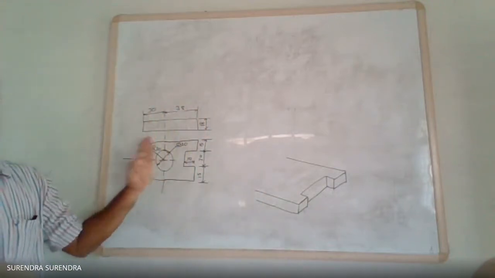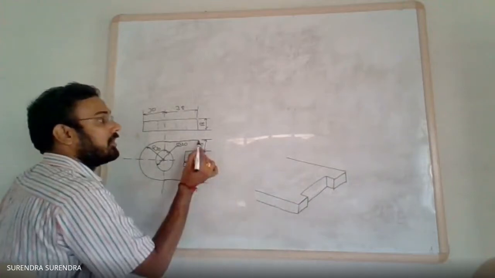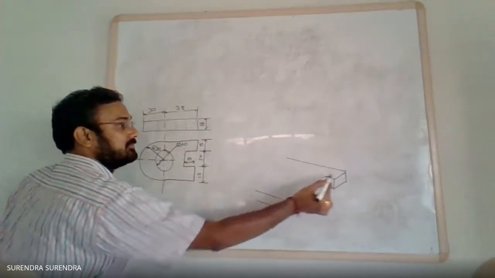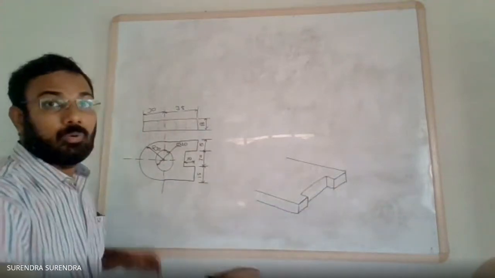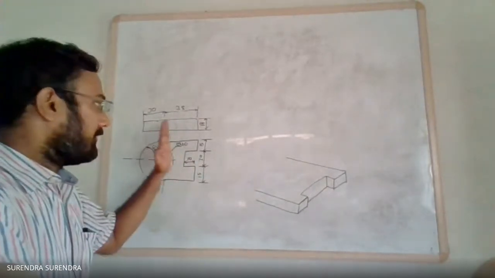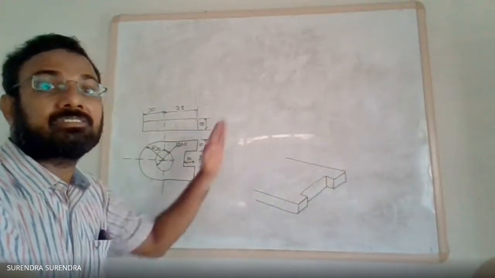I completed drawing up to this. I draw this straight line up to 38 mm, from here up to 38 mm. Now, how to draw this semicircle? Up to here we can draw easily. How to draw this semicircle and this circle?